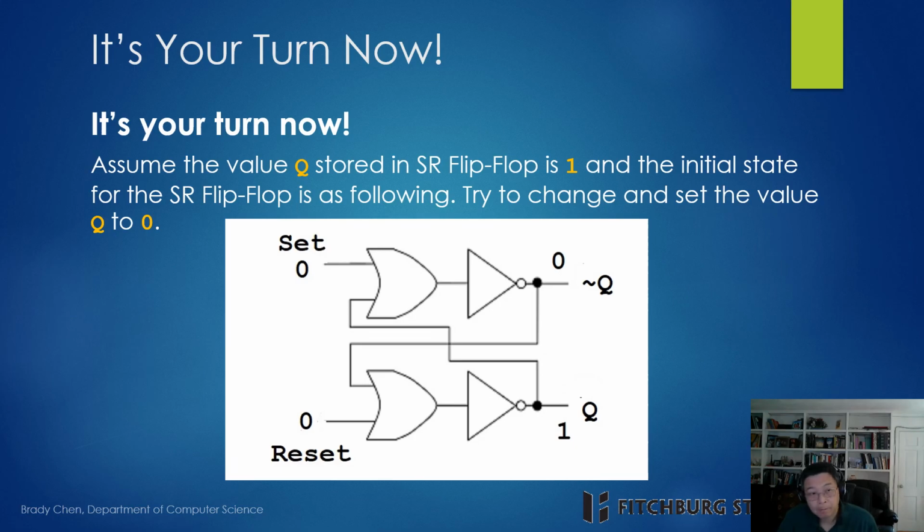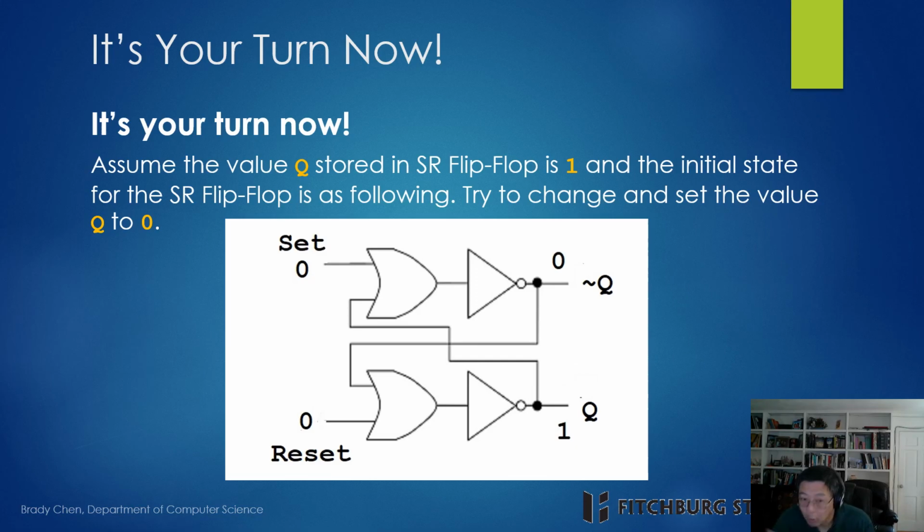So now it's your turn. Let's assume the value Q stored in the SR flip-flop is 1. And the initial state for the SR flip-flop is as follows, which means both the set and the reset inputs have value 0. Now, how can we change the stored value Q from 1 to 0? This also applies to another case. If the current value Q is 0, how can we just refresh the value?